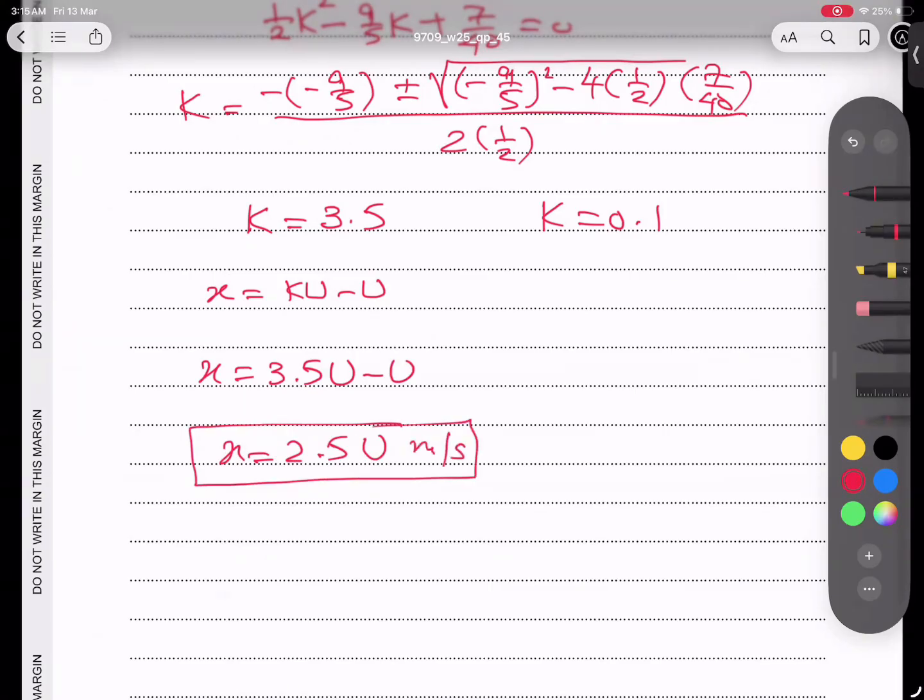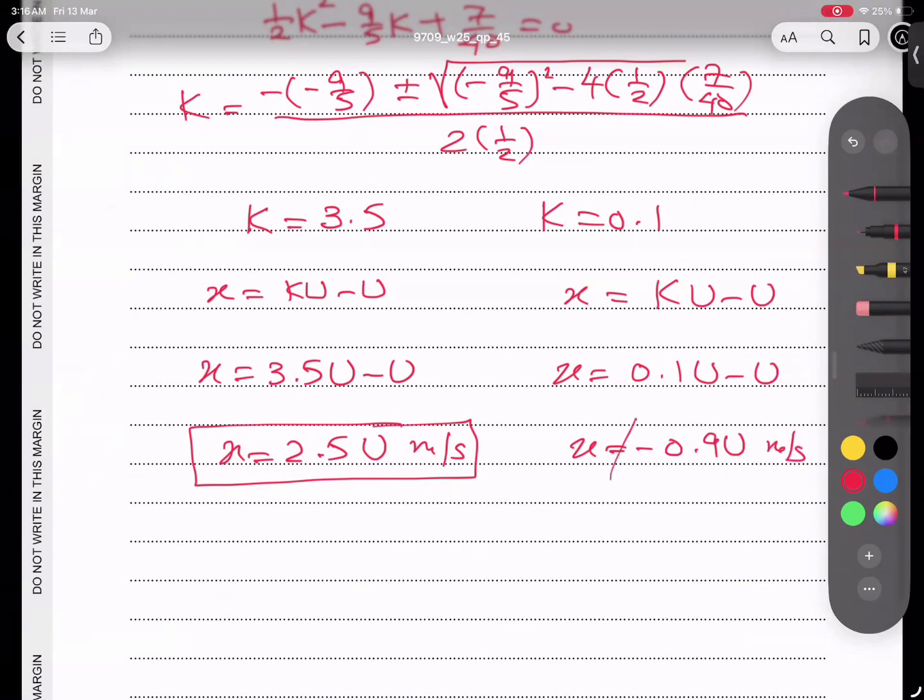Now, the question comes, what is this other value? If I use the same here, ku minus u, I'm getting 0.1u minus u. So 0.1 subtract 1, I get negative 0.9u. But this is not possible. Why not possible?